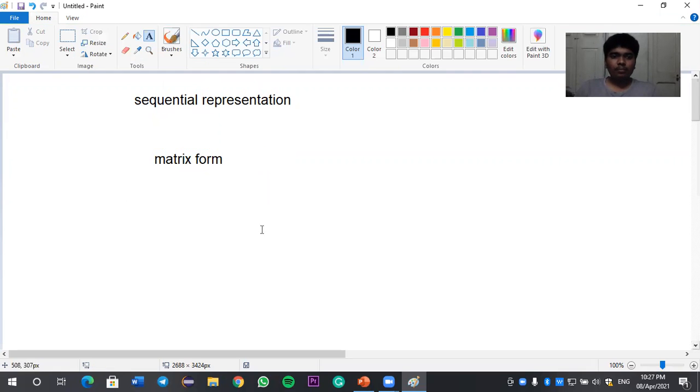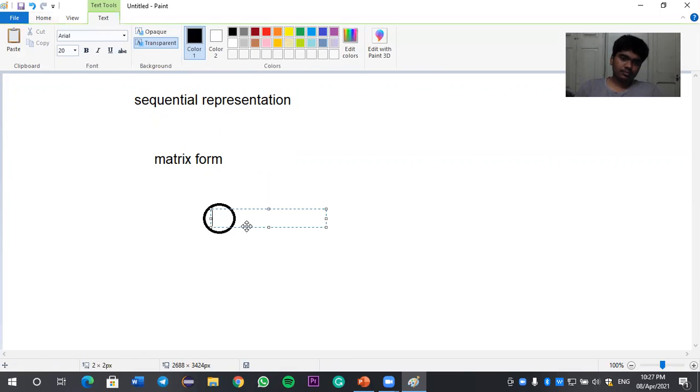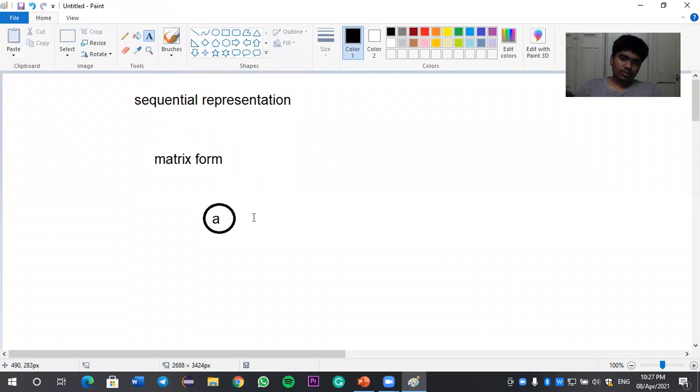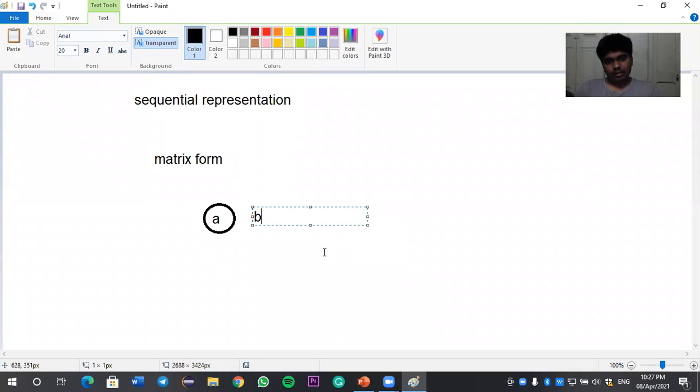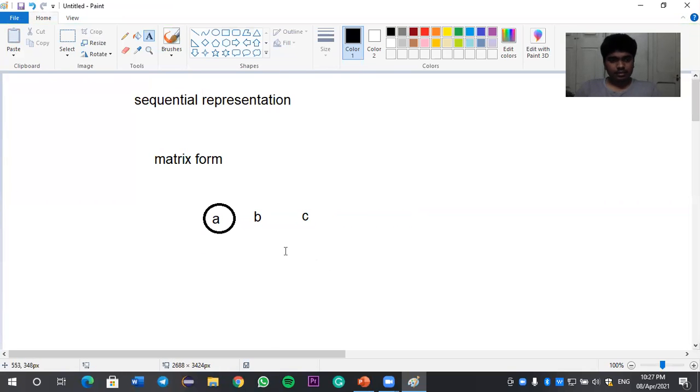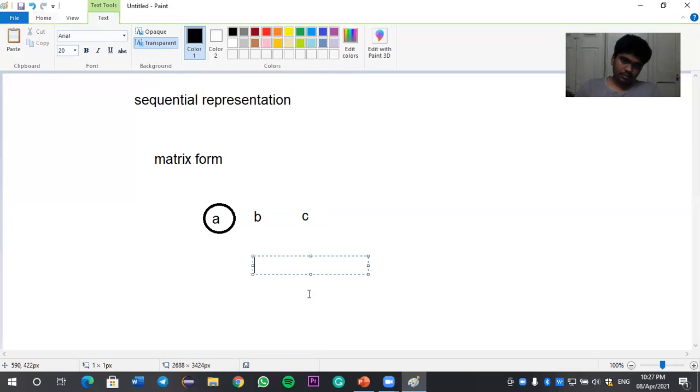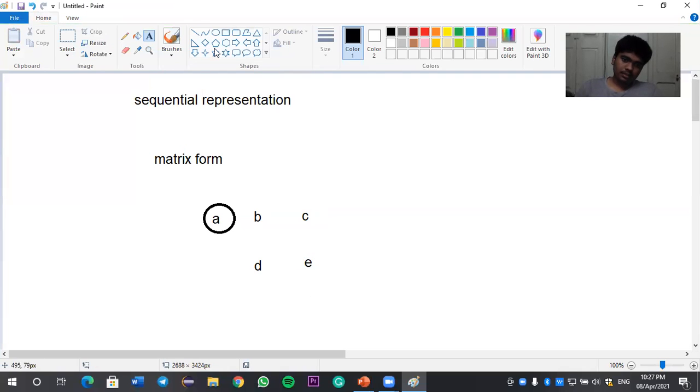If we represent the data in matrix form, it is known as sequential representation. Let me draw a basic graph. This is A, this is B, this is C, this is D, and this is E. Let me join these.